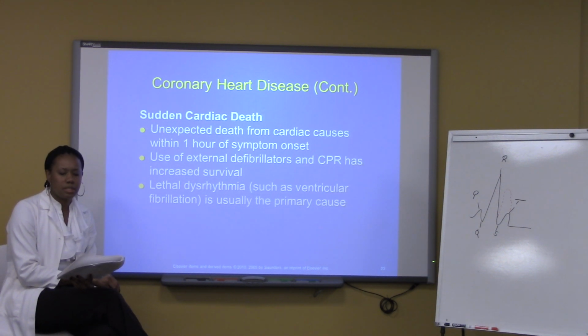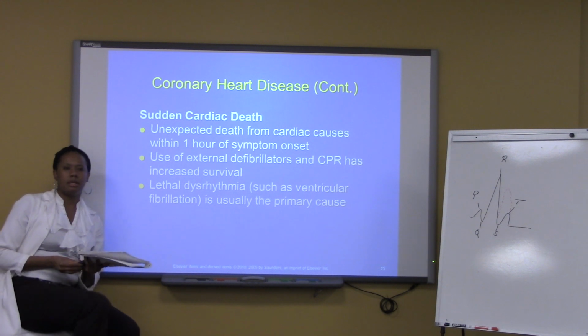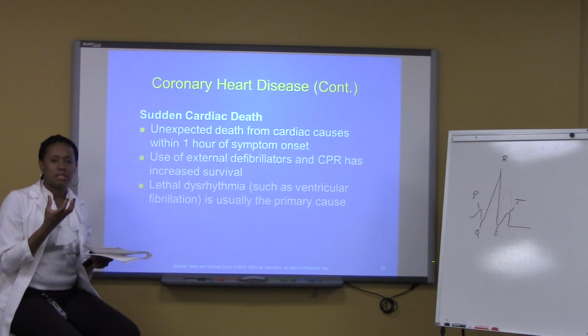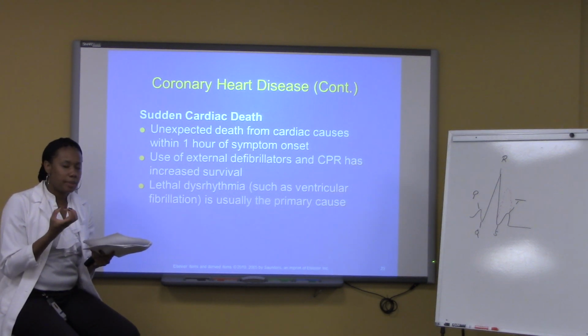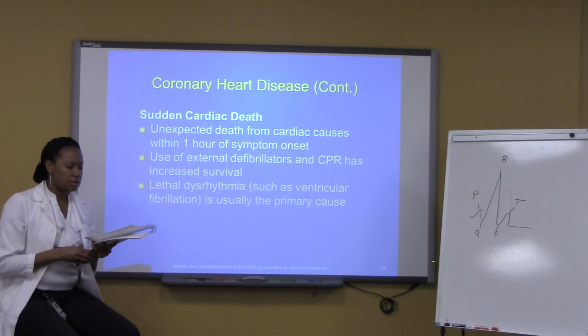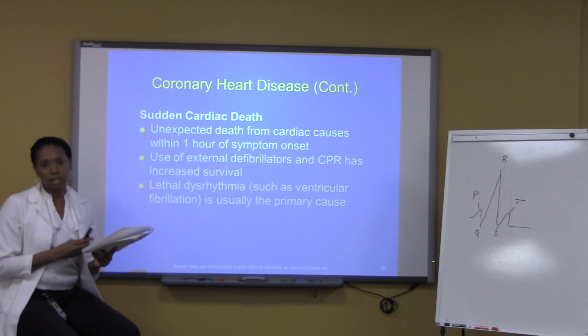Another cause is going to be diffuse myocardial atrophy, and what that means is that the muscle of the heart is in a state of atrophy, is small, is not functional, which means that the heart is not going to be able to contract as it should. So therefore, the heart is in a state of, we can say, disuse.